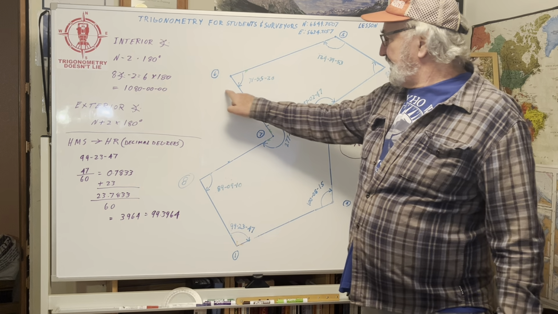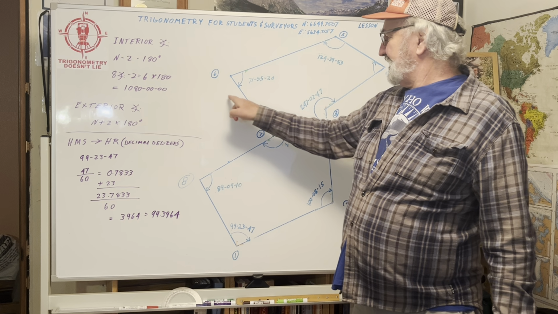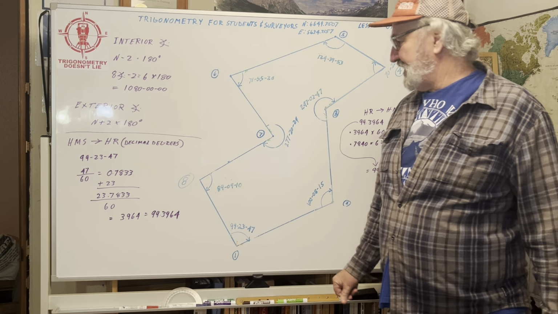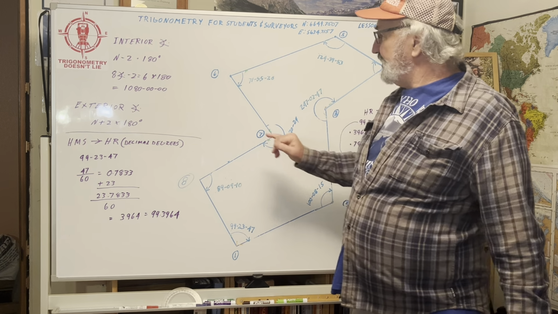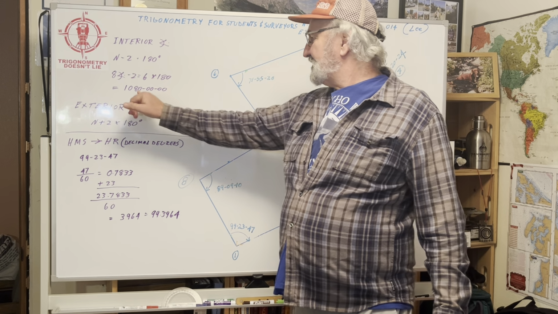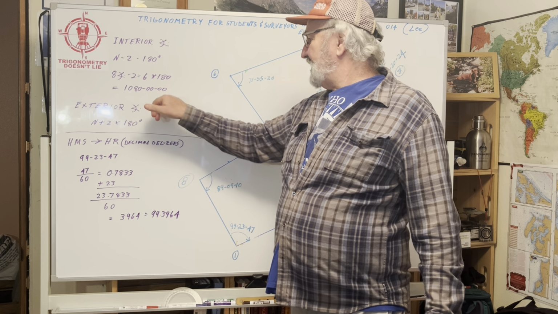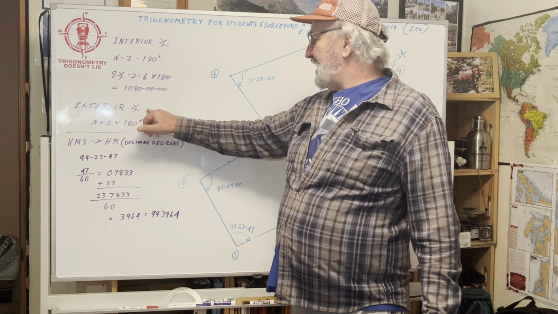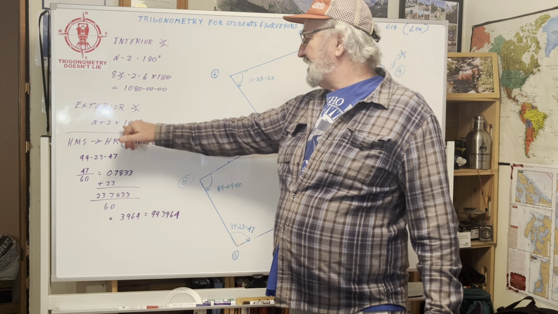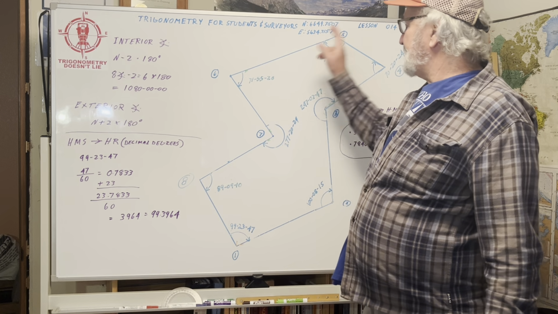These would be exterior angles, and of course whatever this one is, if you subtract 360, you're going to get that exterior angle. Same here. So the number of angles, 8 minus 2, times 180 is 1080 degrees, 0 minutes, 0 seconds. And like I said, your exterior angles are the number of angles plus 2 times 180. So that's how you would calculate that.